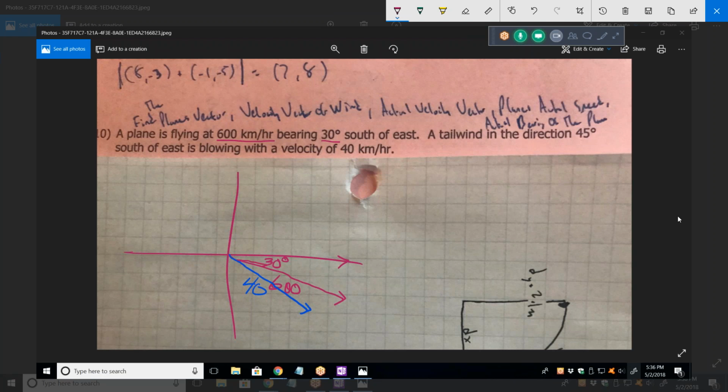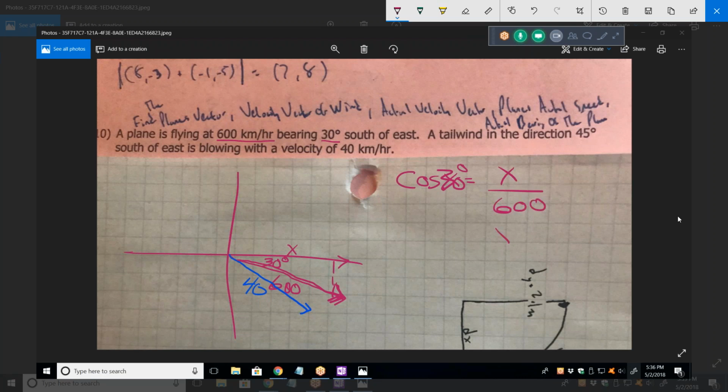So if we're looking at that vector there, what is the horizontal velocity of that vector? The pink one. Is it just 600? No, that's the vector velocity. But the horizontal velocity, if I complete the triangle, is going to be x. And the cosine of 30 degrees equals x over 600.